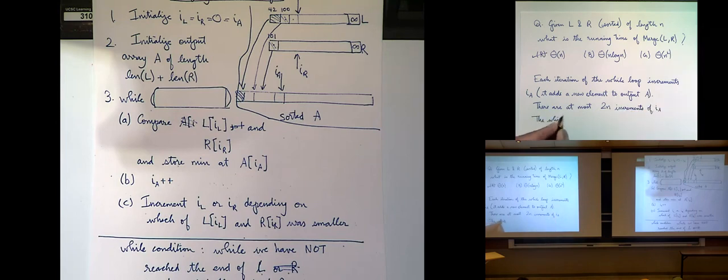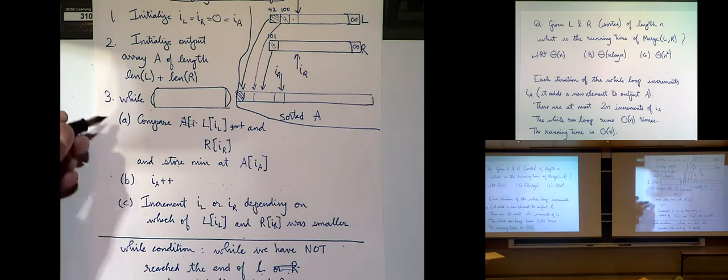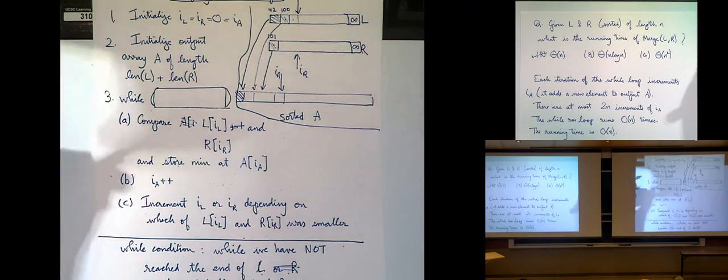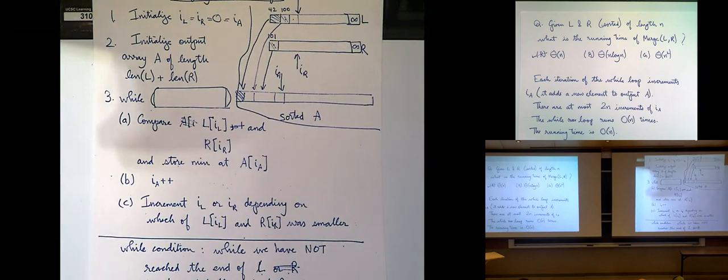The while loop runs O of n times. So the whole running time is O of n, right? Because all of these other parts are basically constant time. Is this logic clear?